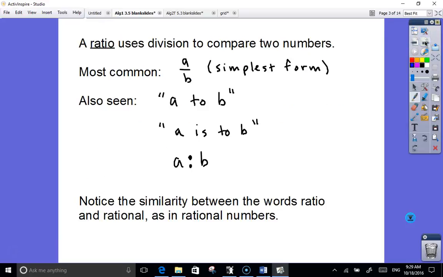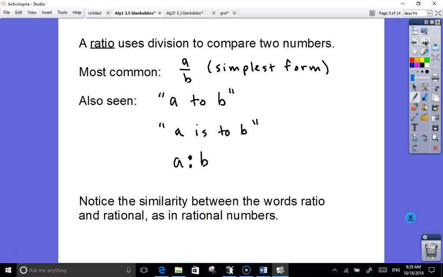So a ratio uses division to compare two numbers. Normally, most of the time you're going to see a fraction, right? And the fraction bar itself means division. But sometimes it's not. Sometimes they'll say in words, A is to B as C is to D. 1 is to 4 as 2 is to 8.